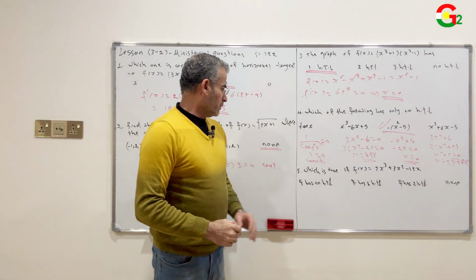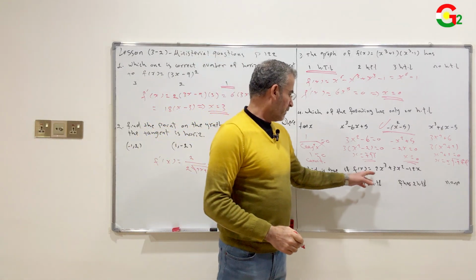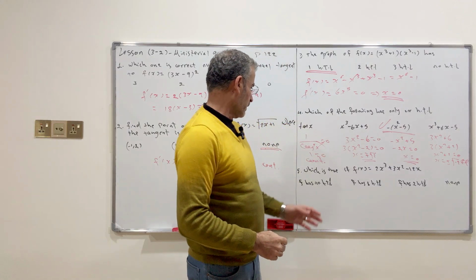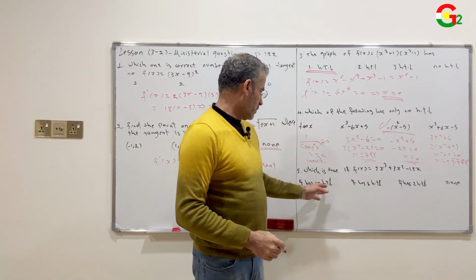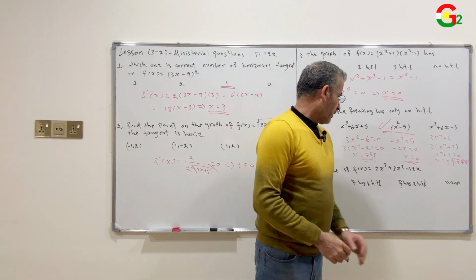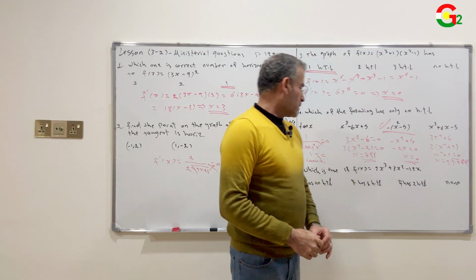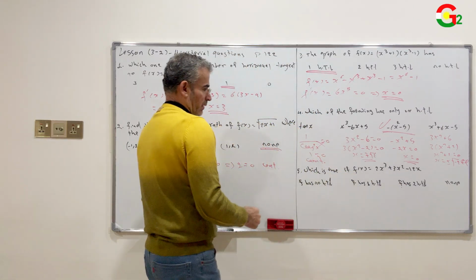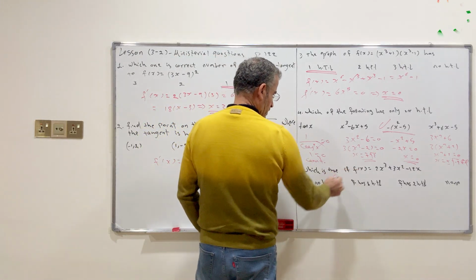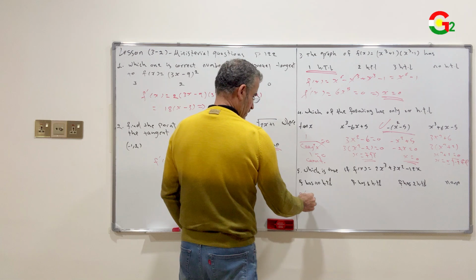Question number 5. Which is true if f of x equals x power 3 plus 3x power 2 minus 12x? F has 1, no horizontal tangent line. F has 1, F has 2 horizontal tangent lines, or none. To answer this question, find the derivative of this function.